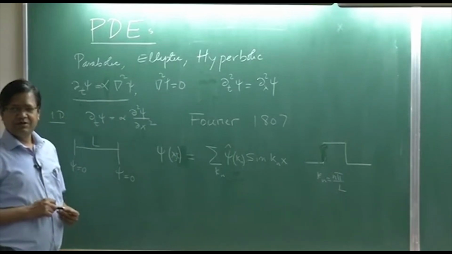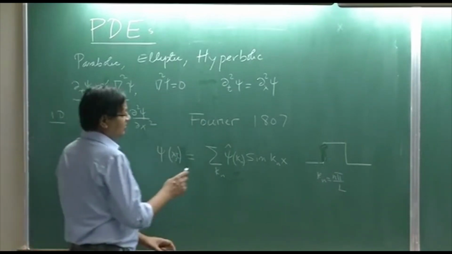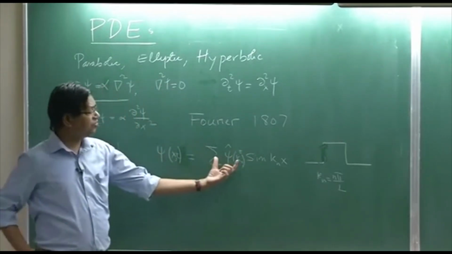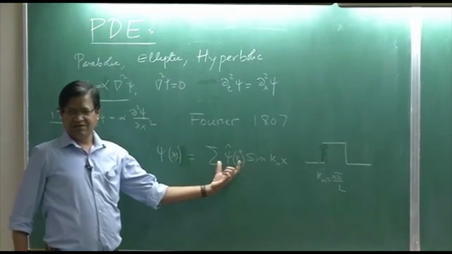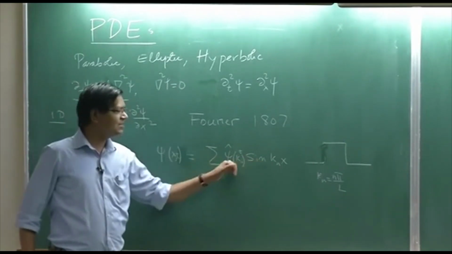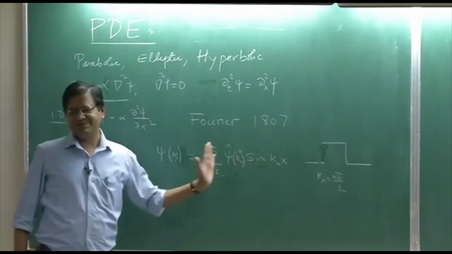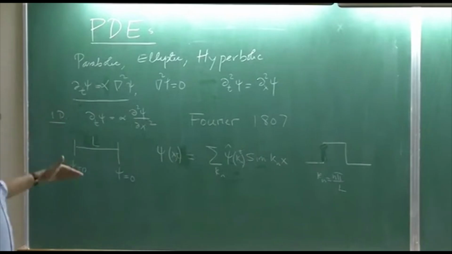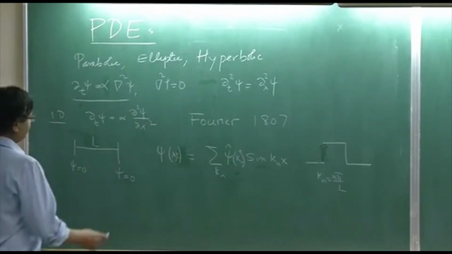The coefficient I'll make a function of time. So the x dependence and t dependence are separated out. In some sense it is like separation of variables, but this way I am going to give the full solution. Now let's plug it in here.